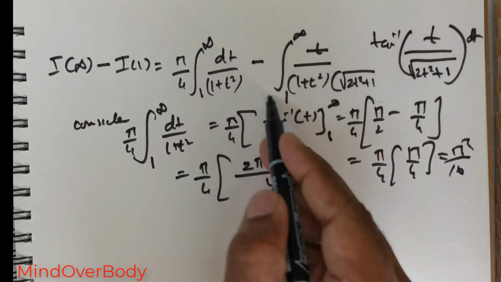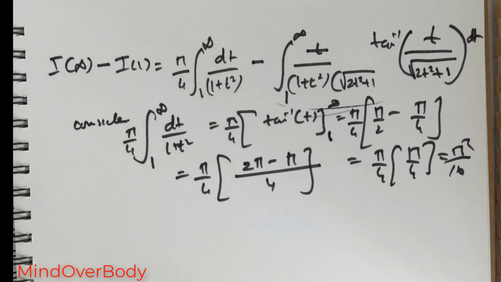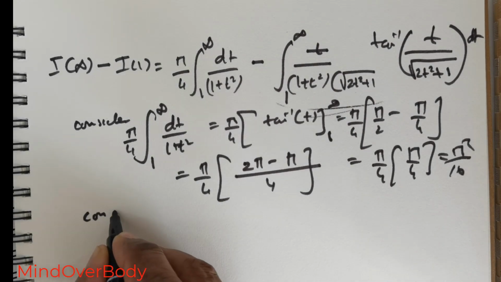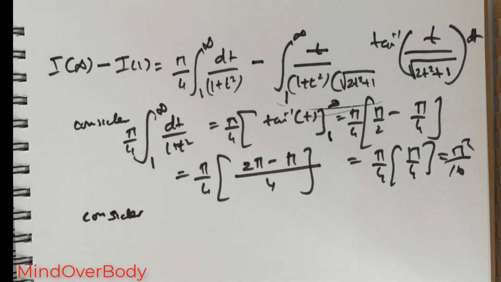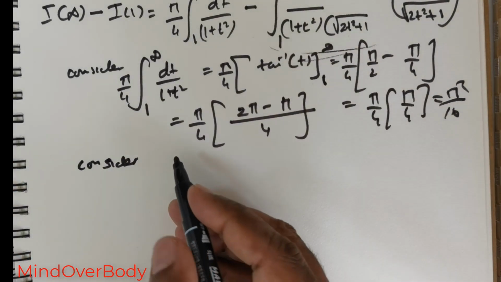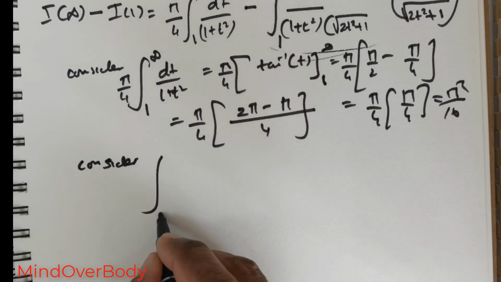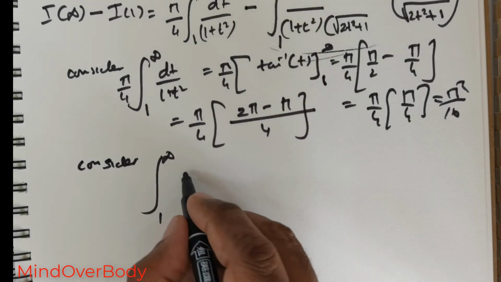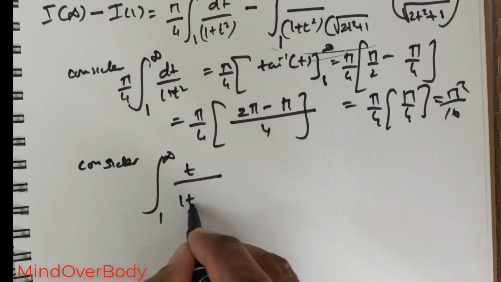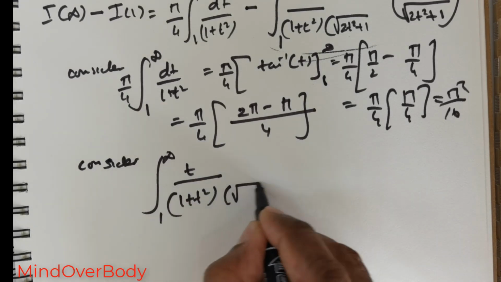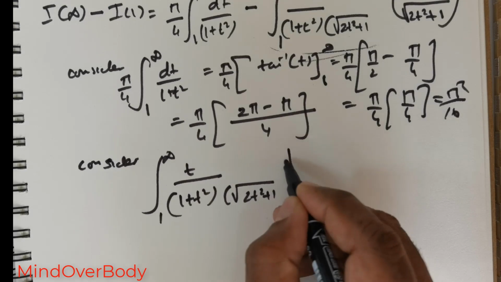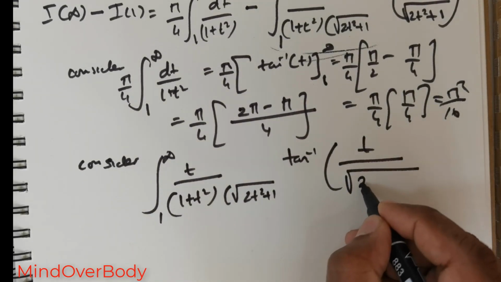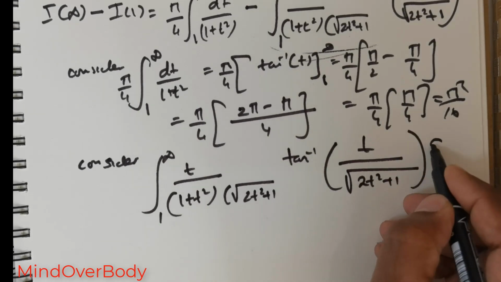Now we need to evaluate this. So foremost, I will start off by considering this quantity. What is this quantity? Consider the integral from 1 to infinity of t over (1 plus t squared) times root of (2 t squared plus 1) times tan inverse of (t over root of (2 t squared plus 1)) dt.